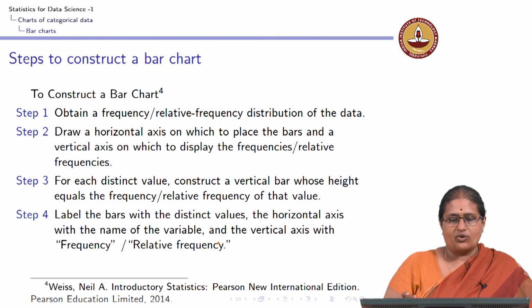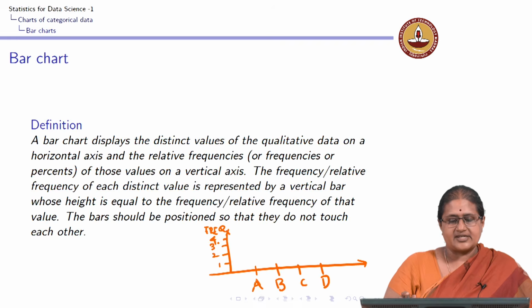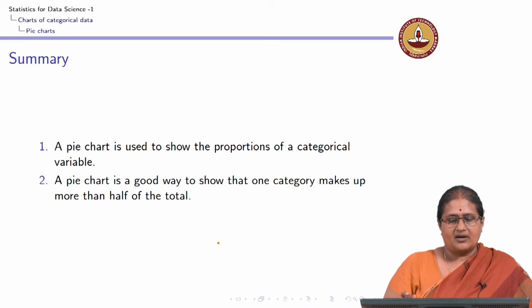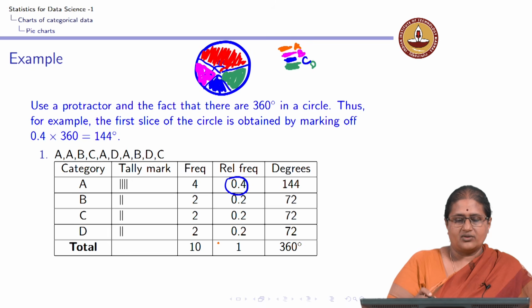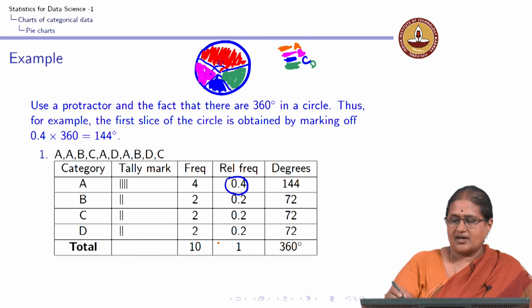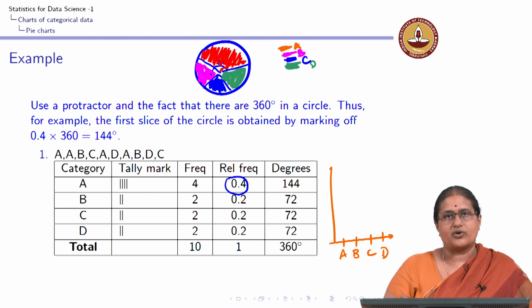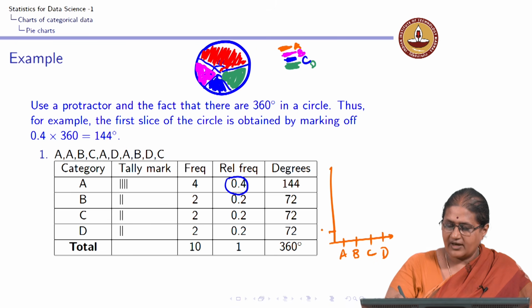Now, if I go back to my example, on the horizontal axis I am just going to plot A, B, C and D. This is what I plot on the horizontal axis. On the vertical axis I have 1, 2, 3, 4.